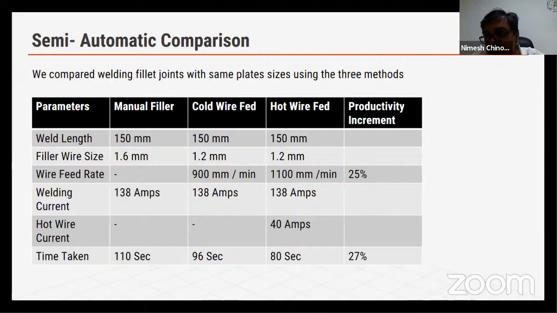Pinakinji, the HAZ will be lower. It will not be higher due to high speed because the overall heat input is much lesser. So if you look at the current and the speed, and you calculate the heat input, heat input is very low comparatively. So the HAZ is not very high. It is a very small HAZ.